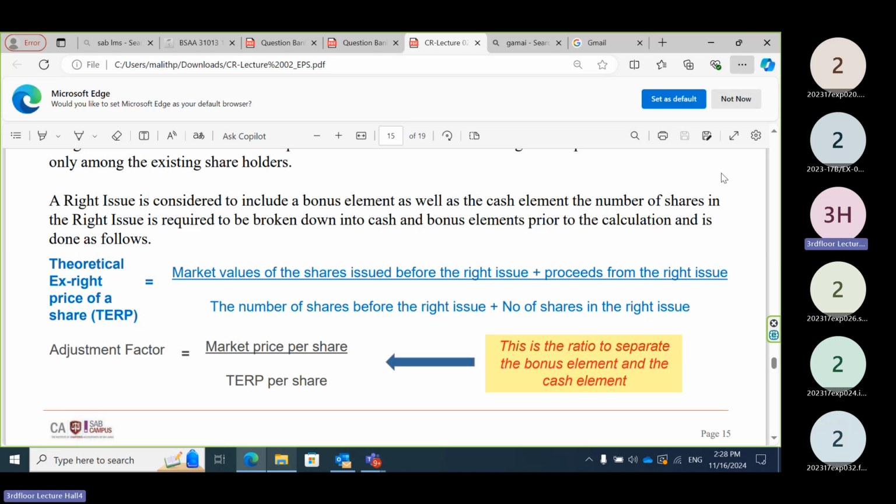And then the number of shares you issued is 100,000. Deduct the 29,000 bonus element, and 71,000 is the normal shares. Right? 71,000 is the normal shares.